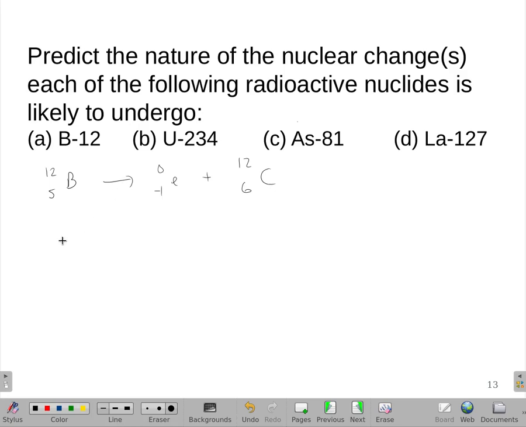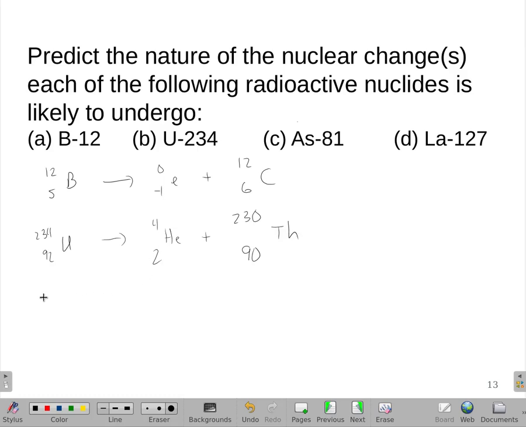Alright, uranium 234. Being that it is uranium, I flat out don't even care about the number of neutrons because it has an atomic number of 92. And that 92 tells me that it's likely to go through alpha decay. And then 90 turns it into thorium.